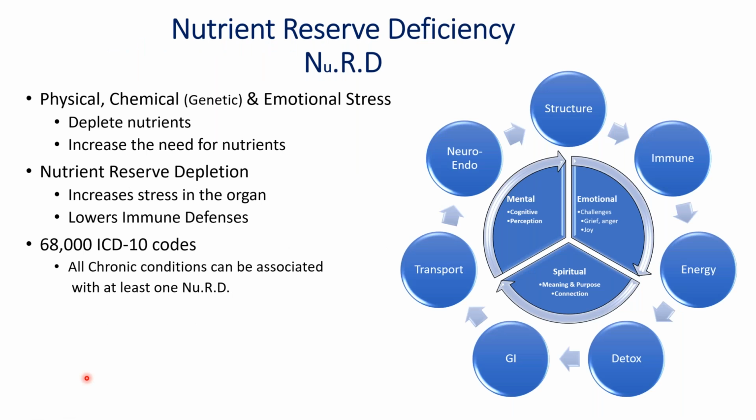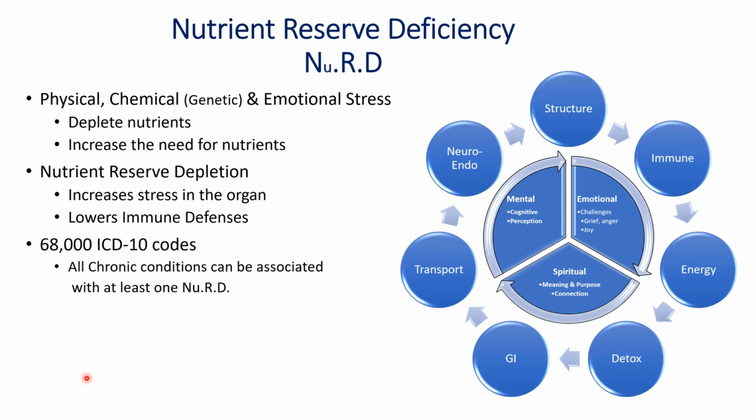So I speak to my patients about what I call NERD, nutrient reserve deficiencies. There's physical, chemical, which genetics would fall into that, and emotional stress, and all of those deplete nutrients. And that stress also increases the need for those nutrients.